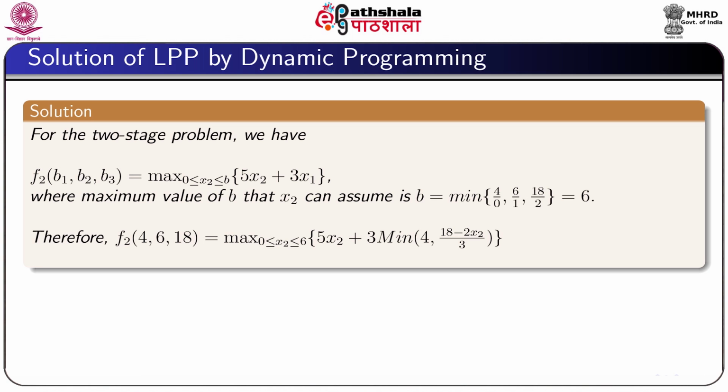Therefore, f 2 of 4, 6, 18 equals the maximum of 5 x 2 plus, we put the value of x 1 here, that is 3 into the minimum of 4 and (18 minus 2 x 2) by 3.